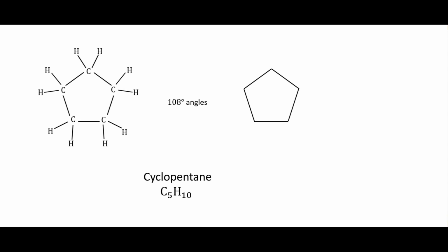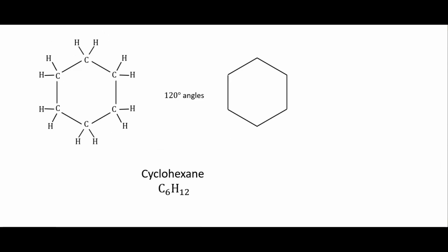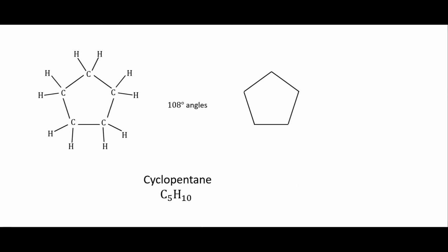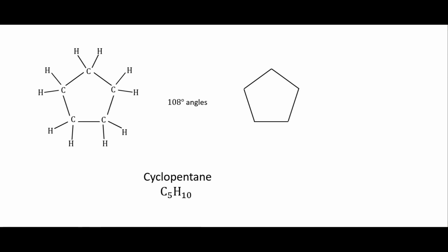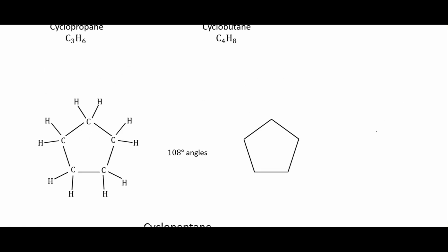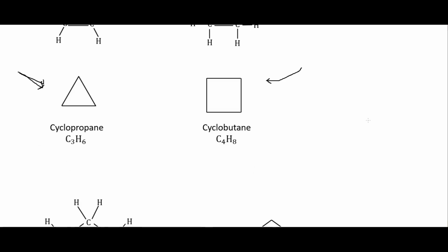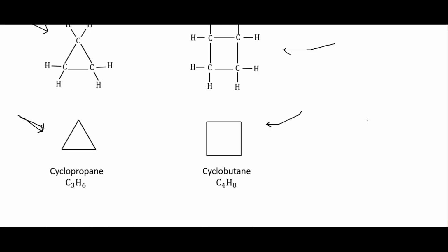Then we have cyclopentane. With cyclopentane and cyclohexane, I'm going to give a little bit more detail, because the 5-member and the 6-member rings are the ones that we're going to be running into routinely throughout this organic chemistry. Those are the most important. As we'll see in a little bit, the cyclopropane and the cyclobutane have what's called ring strain.